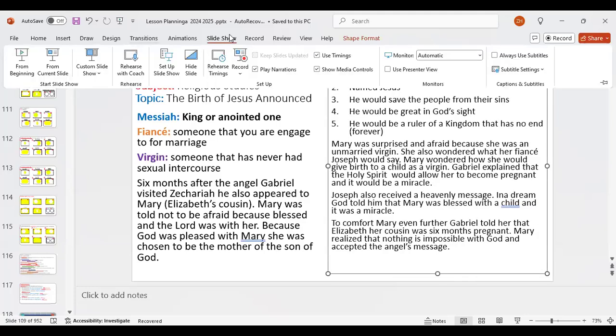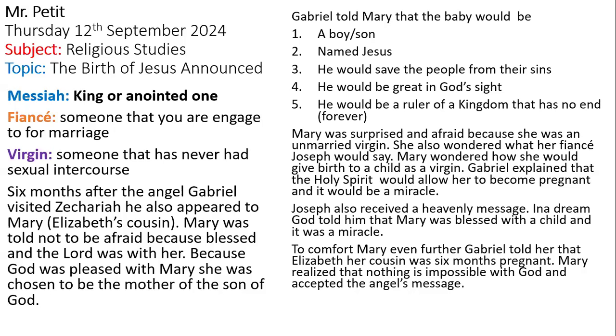So, what's the difference between Mary and Zachariah? Mary was actually afraid because she is a virgin. She never had sexual intercourse. But Zachariah didn't believe that he was having a baby boy. Zachariah doubted the angel, like, how could this happen?